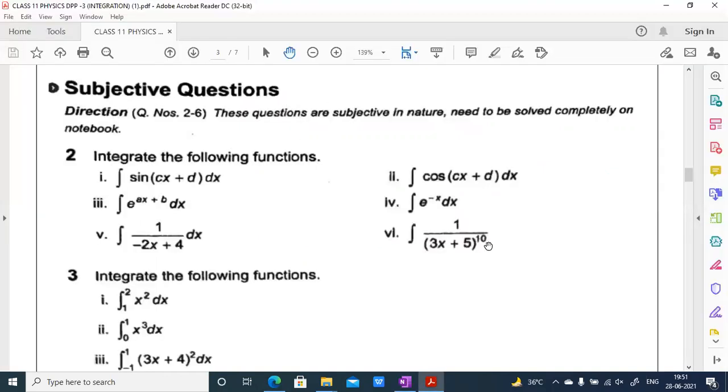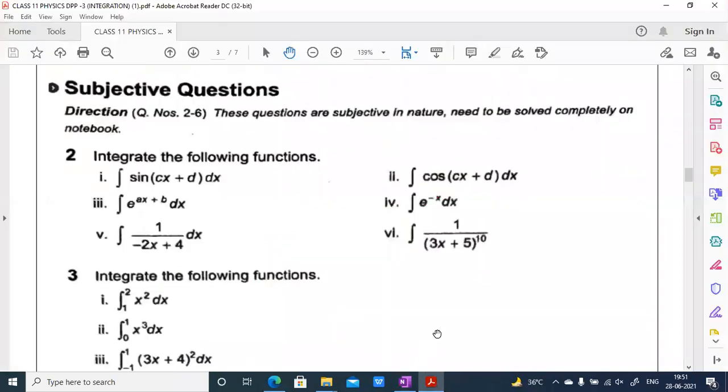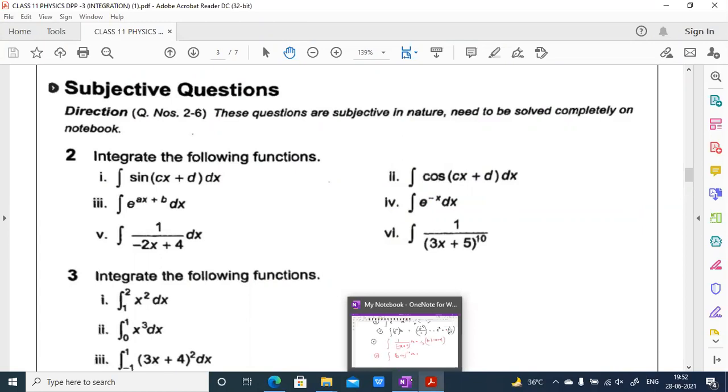ln is only when there is a power minus 1. When you take it in the numerator, the power will become how much? Integration of 3x plus 5 to the power minus 10, right? ln is only for power minus 1.